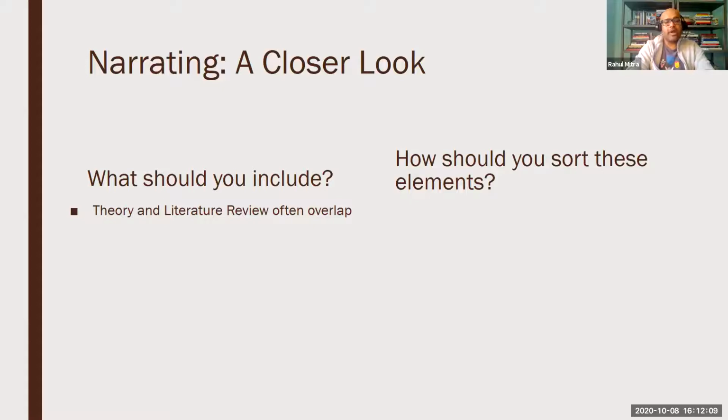So rarely will you find a separate section on theory and then literature in a qualitative research paper. You will often find the literature review including both theoretical pieces and empirical or data-based pieces. And usually they will be structured, again, in terms of categories or chronology or shifts in the field.